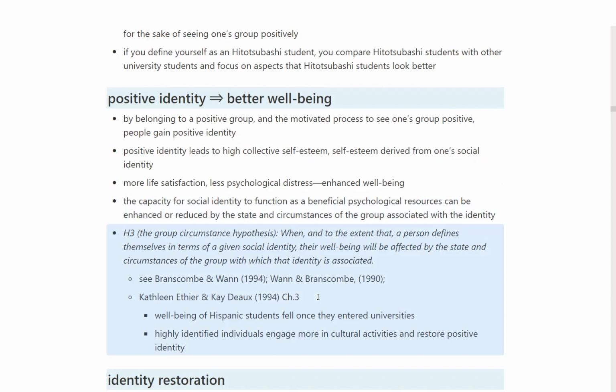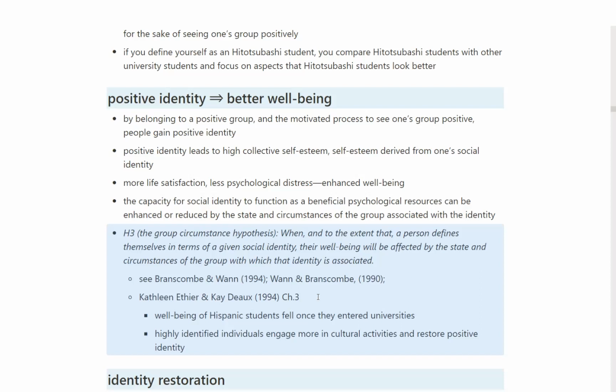Hypothesis 3, the group circumstance hypothesis. When and to the extent that a person defines themselves in terms of a given social identity, their well-being will be affected by the state and circumstances of the group with which that identity is associated.